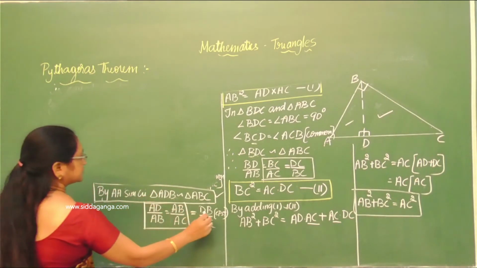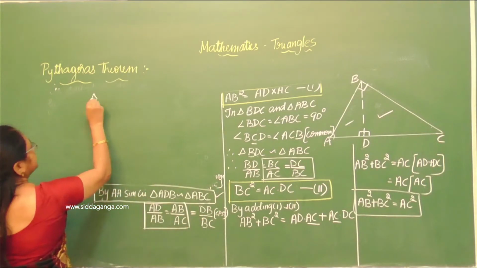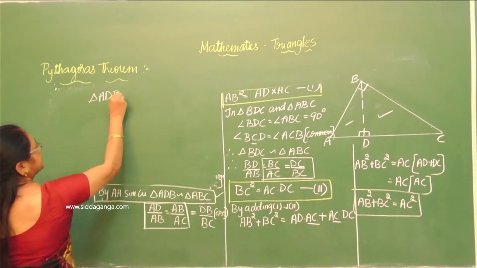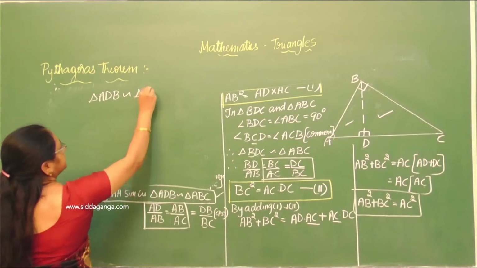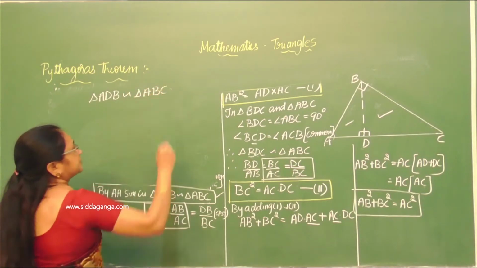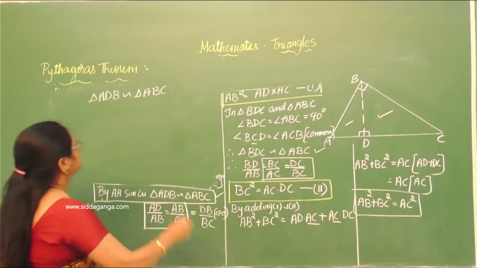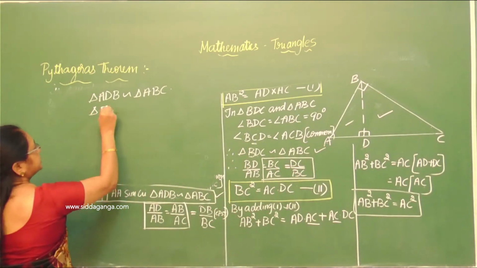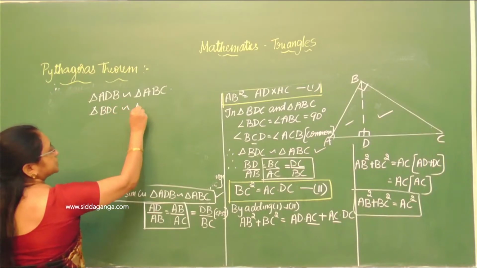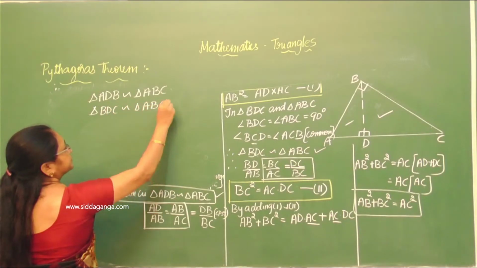Just observe this. Triangle ADB is similar to triangle ABC. Then what does this give? Triangle BDC is similar to triangle ABC.